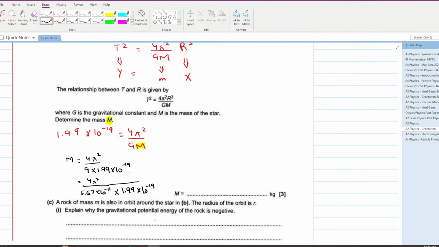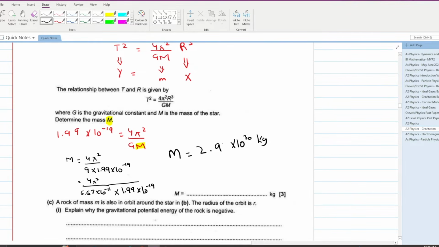Okay. And we will do 4 pi square divided by this answer. The answer comes out to be, mass comes out to be roundabout 2.9 into 10 raised to the power 30 kgs.